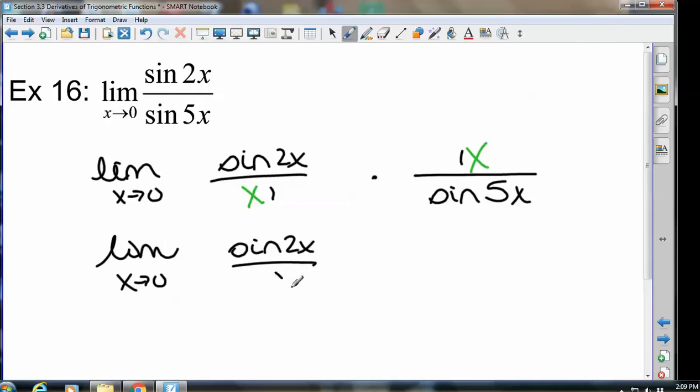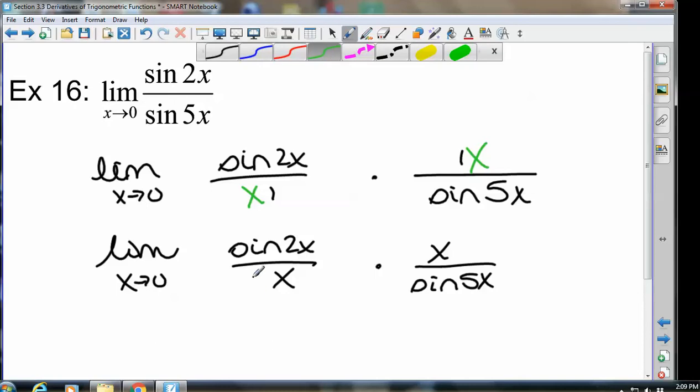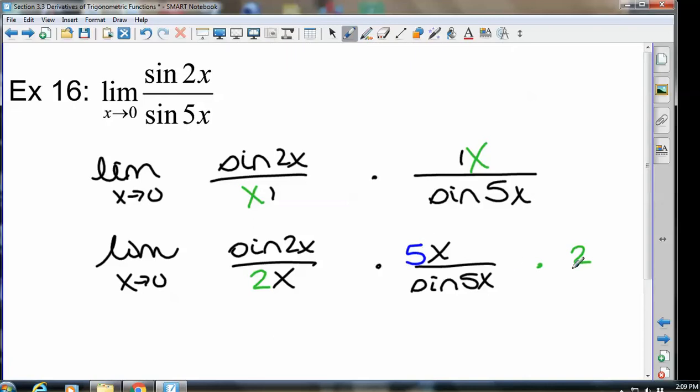So right now I've gotten sine 2x over x and x over sine 5x. So this one needs a 2 on the bottom. Do I need a 2 on top anywhere? So I'm just going to throw it out to the side here. This one needs what? A 5 on top, so to cancel it you need 5 on the bottom.